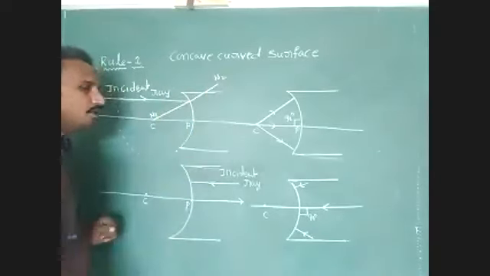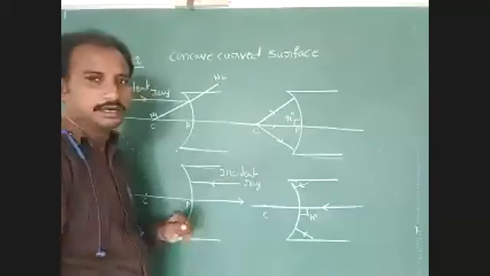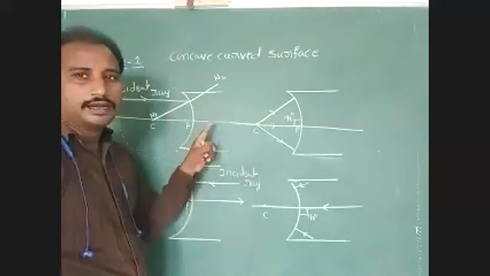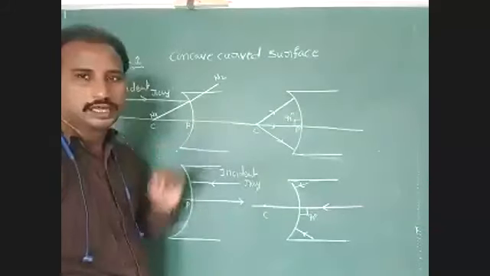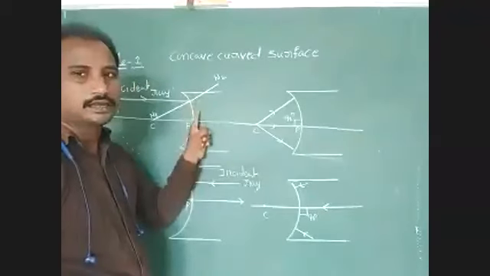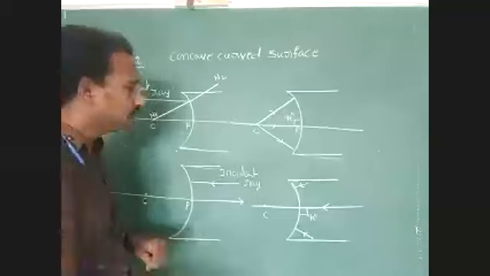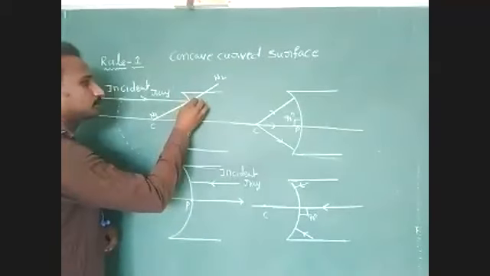If a ray of light travels from a rarer optical medium to a denser optical medium, then the light ray deviates its direction. So here, rarer to denser, does the light ray bend towards the normal or away from the normal? It bends towards the normal.